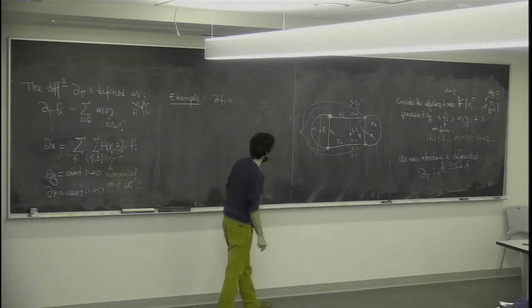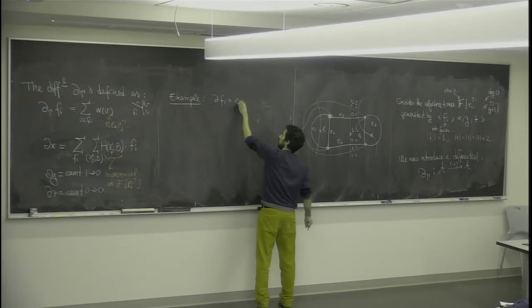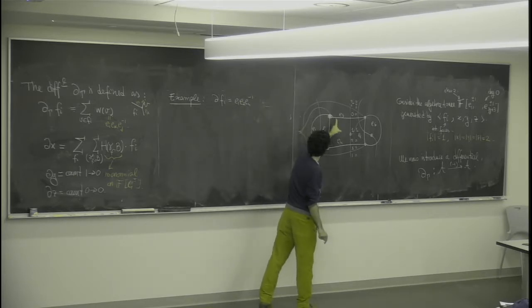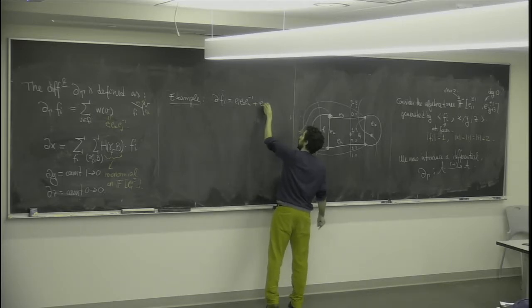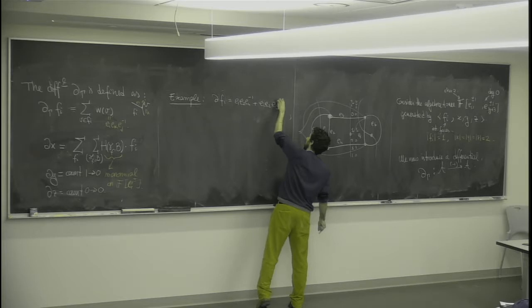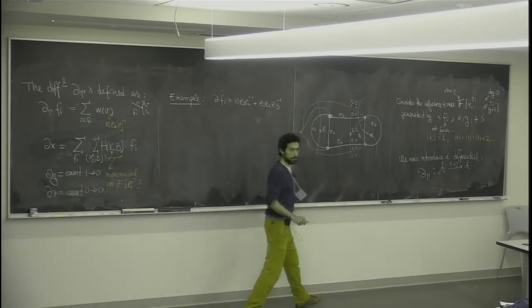Well, del of f1 is going to be e2, e1, e4 inverse coming from this vertex. So that's e1, e2, e4 inverse. And then from this vertex, we're going to get a contribution of e1 and e2 and e3 inverse. Okay? You can work out, I think, f2 and f3 on your own.